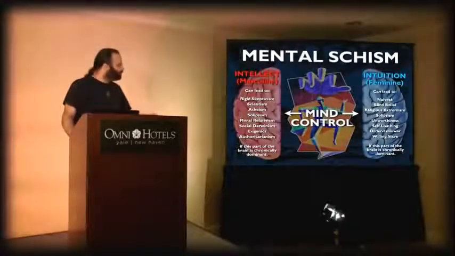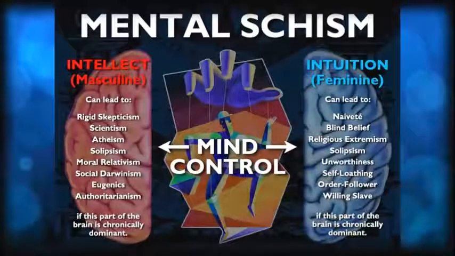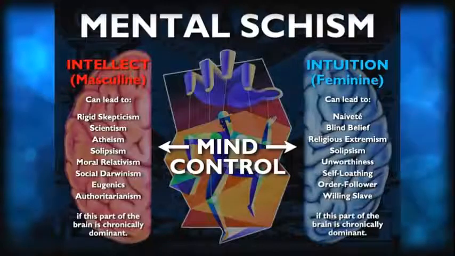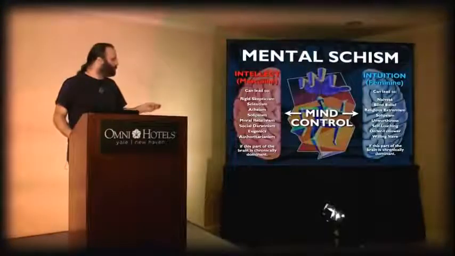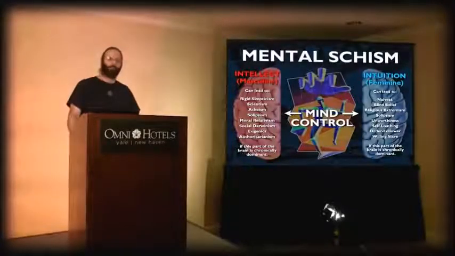So if you're in a right brain imbalanced state of consciousness, this will lead to naivete, believing anything you're told, accepting things from quote-unquote official channels and official sources without actually checking into them for yourself. Blind belief. You'll believe the next religion that comes along. We just have to tell them what they want to hear, and I'll believe that.